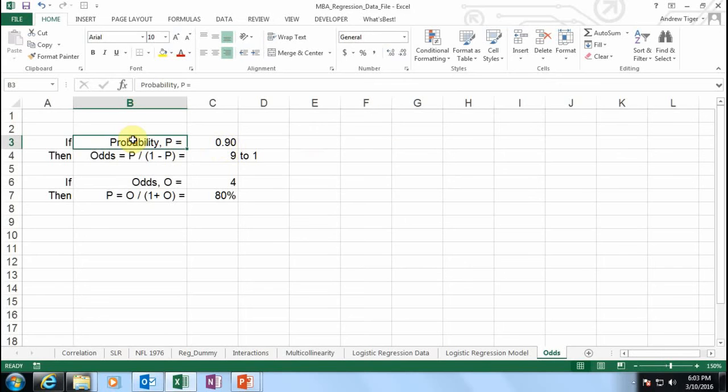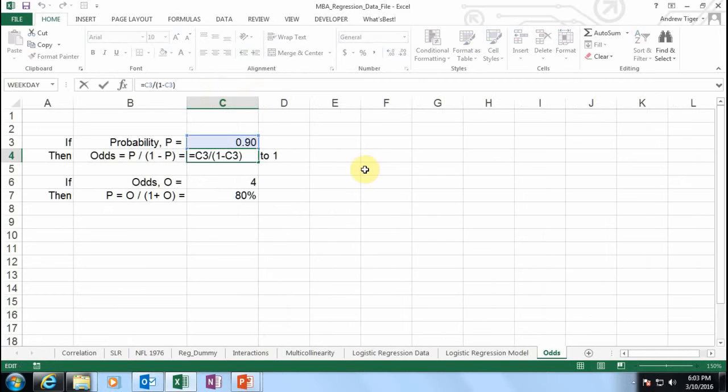If I have a probability and I want to convert it to odds, that's the formula to do it. You just take the probability divided by 1 minus the probability. So if you look at the formula for this, I take the probability, divide by 1 minus the probability. If the probability is 0.9, that means the odds of that occurring are 9 to 1 in favor.